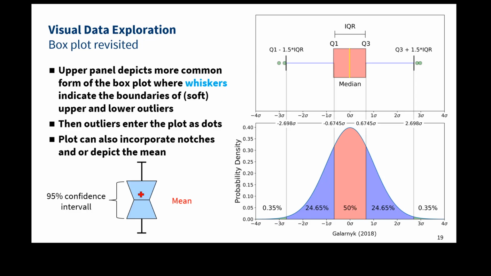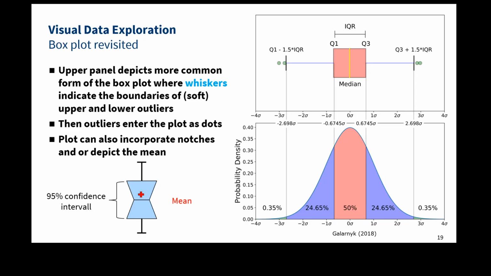And you see here how we would obtain a probability of 0.35% of observing a soft lower outlier under the assumption of normality. Right?